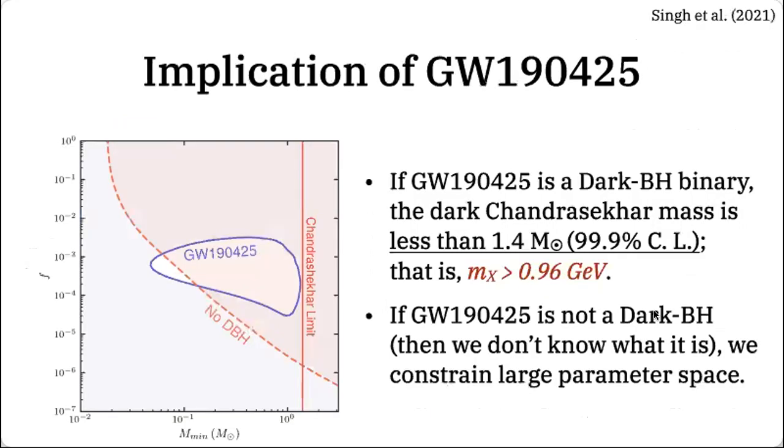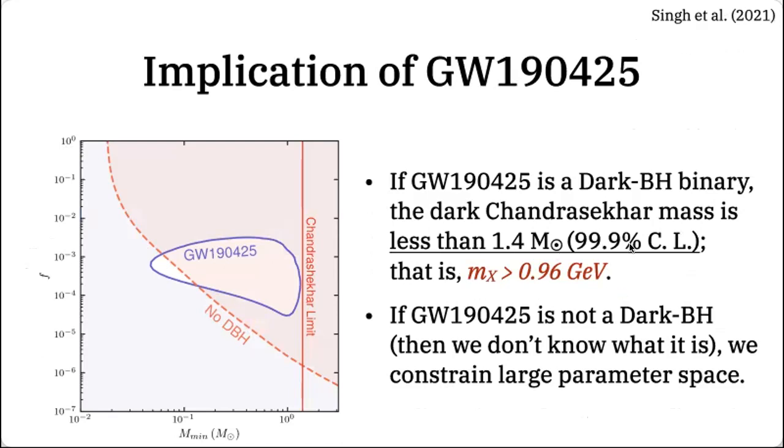So we enjoy this possibility and then ask ourselves, what if this object, GW190425, is a dark matter black hole binary? Just from a single object, if that turns out to be the object that I'm interested in, what you can conclude is that we can rule out the heavy dark proton at 99.9% CL.